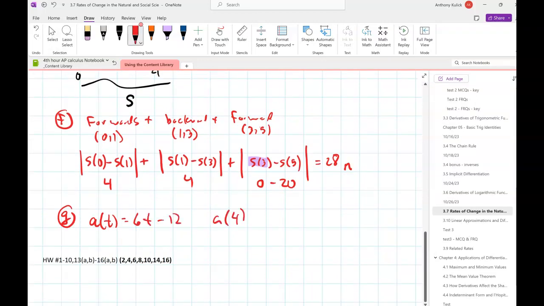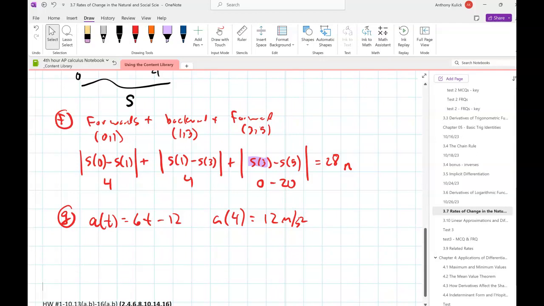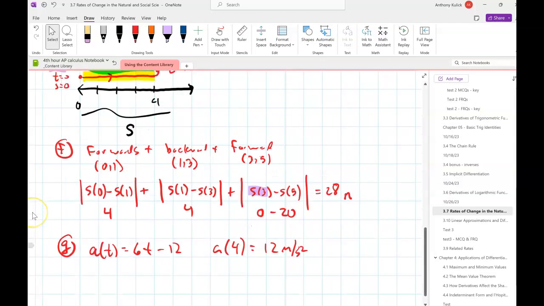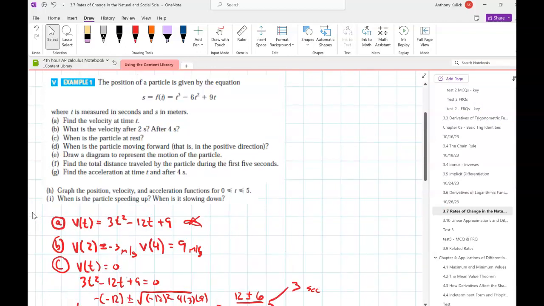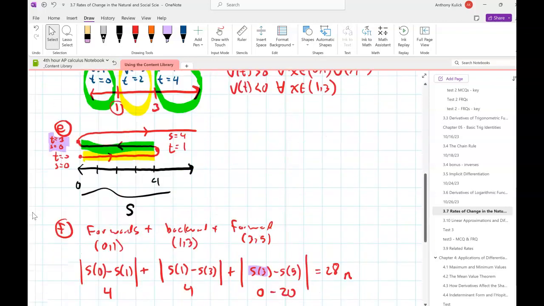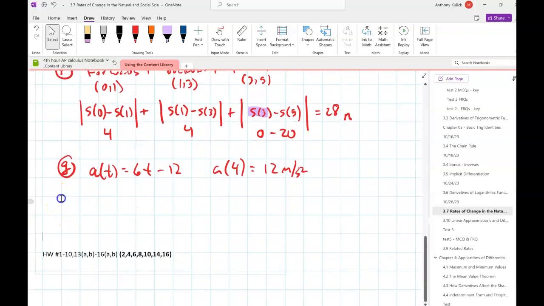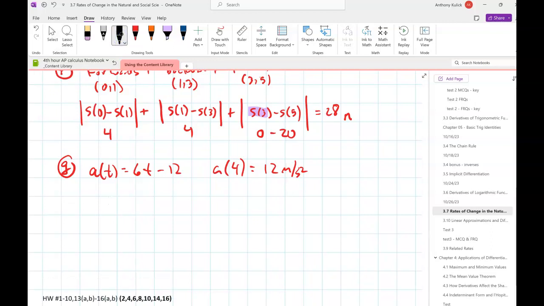And then at 4 seconds, what do we get here? 12. I should put a unit probably on that, meters per second squared. And then we ask to graph the position, velocity, and acceleration functions for 0 to 5. Okay. Let's see here. Make some space.